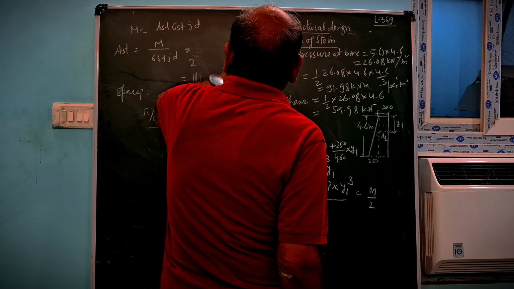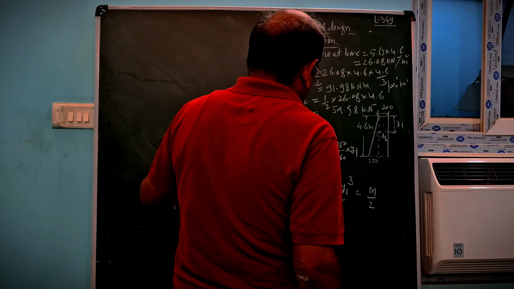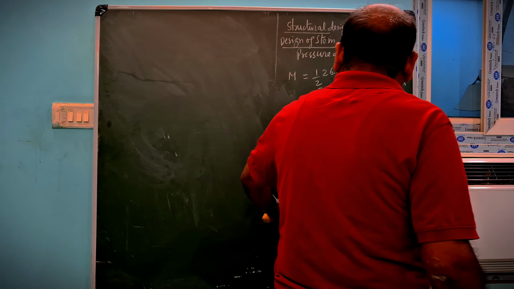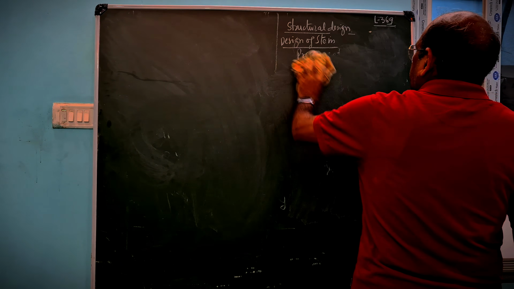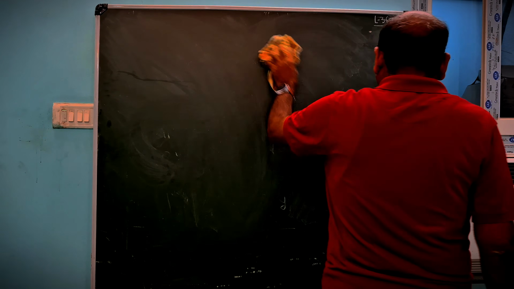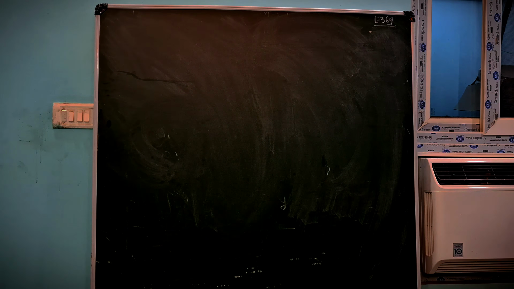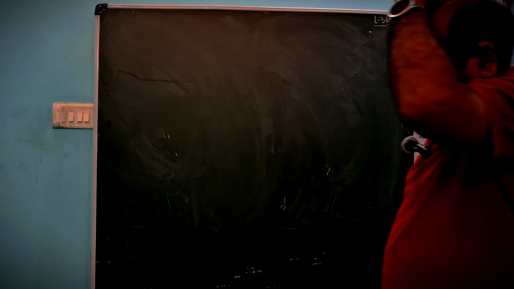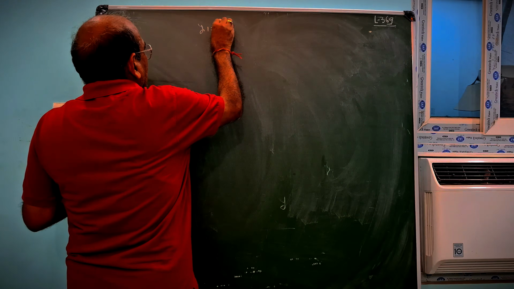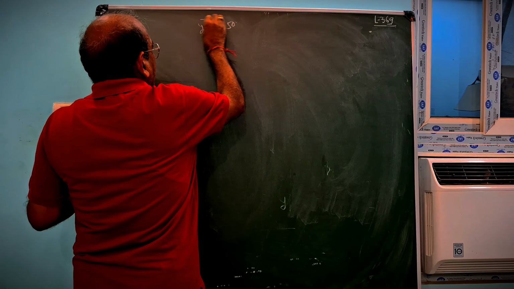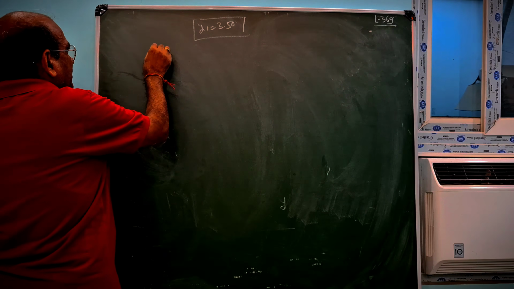This is how the stem is designed. So 20 mm at spacing and 50% is curtailed at a distance of 3.5 meter approximately. Y1 is equal to 3.5 meter. So your reinforcement detailing will be something like this.